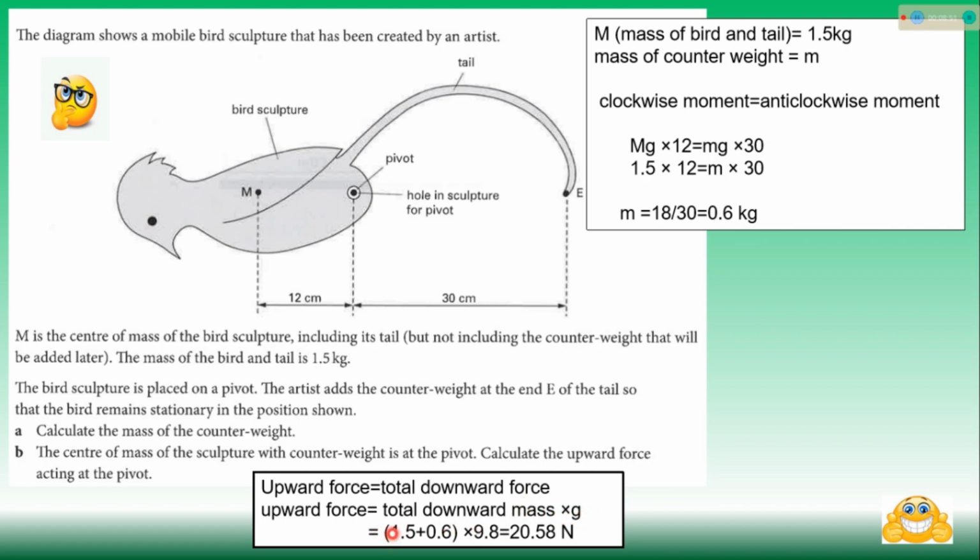The total downward mass is 1.5 plus 0.6, where 0.6 is the counterweight and 1.5 kilogram is the mass of the bird and the tail. So 1.5 plus 0.6 multiplied by 9.8 is equal to 20.58 Newton. If you take g as 10, which is an approximate value, you can take 10 also.